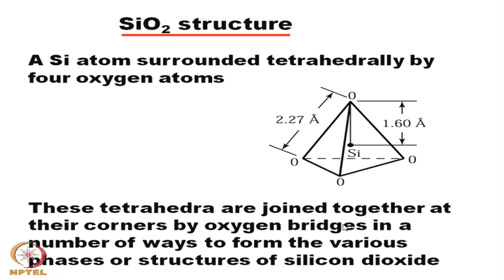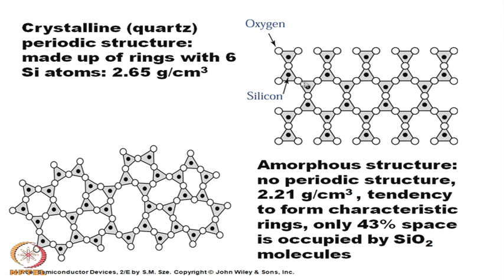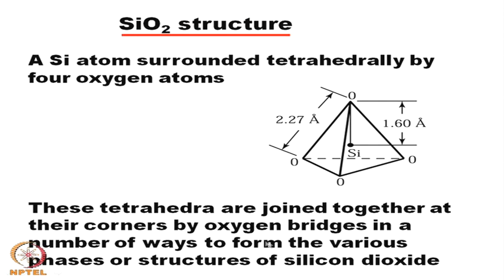Depending on how they are joined, they form different kinds of structures. So, different crystalline structures are possible, as mentioned earlier.